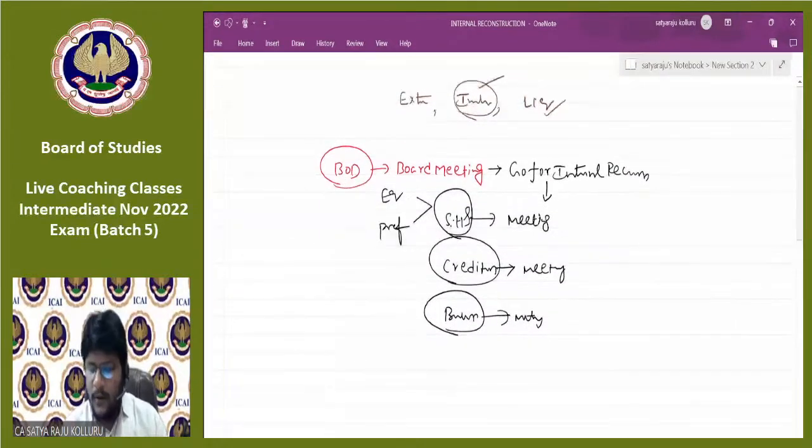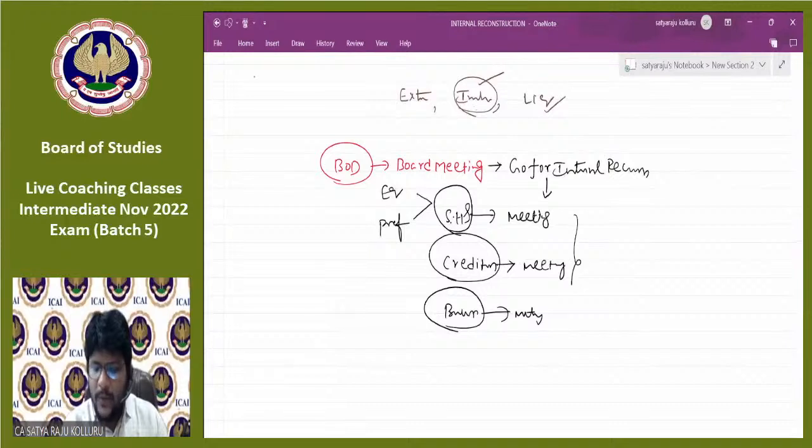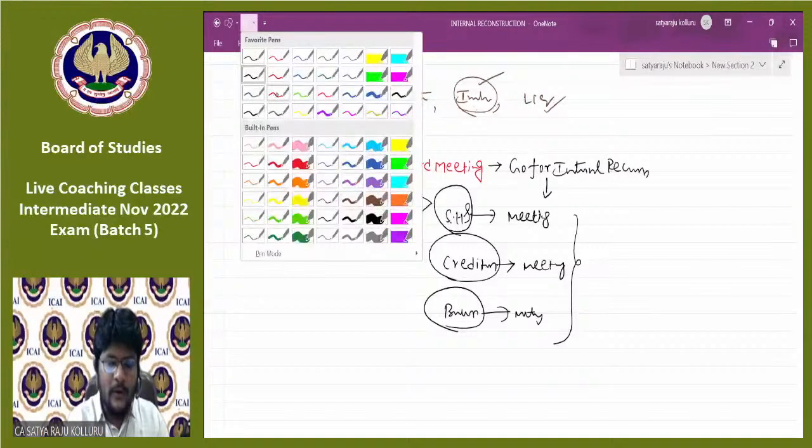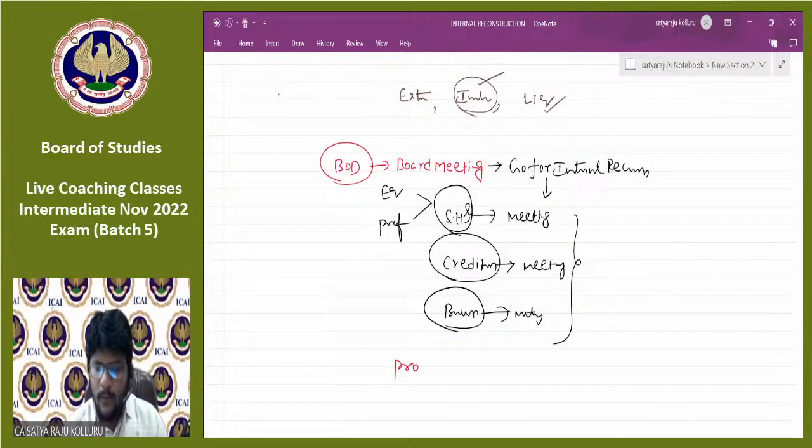Now, after completion of all such meetings, they might enter into particular agreements with the various parties. After completion of all such agreements and meetings, the company sends the proposal of internal reconstruction.